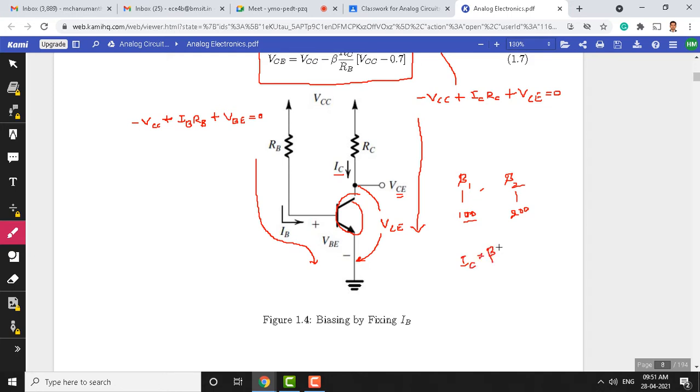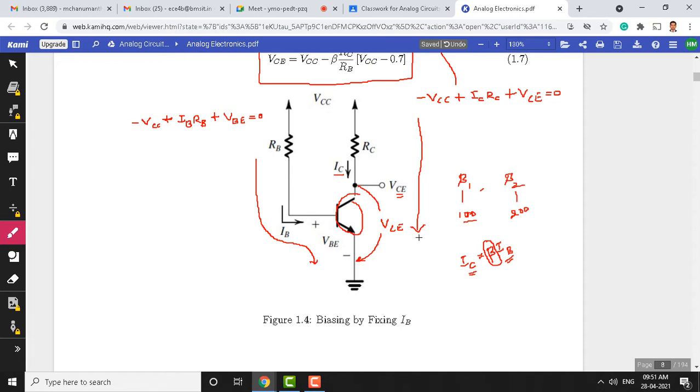So though you maintain a constant IB, the change in beta between transistors, even when the manufacturer is the same, changes the collector current, since the beta of two transistors differs. It is one of the major setbacks in this kind of biasing scheme. Now you understood the problem of these two biasing circuits.